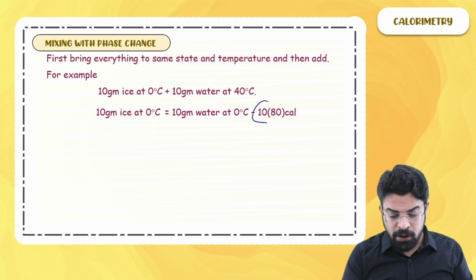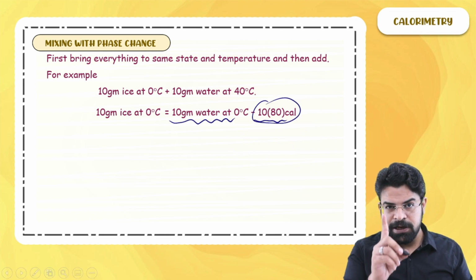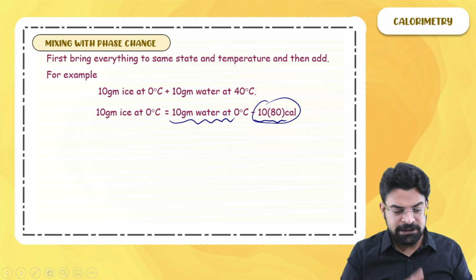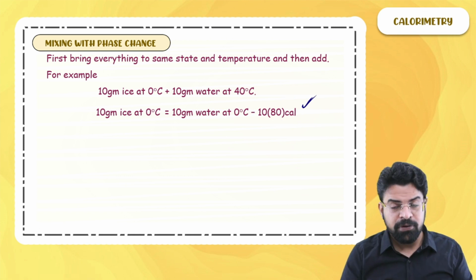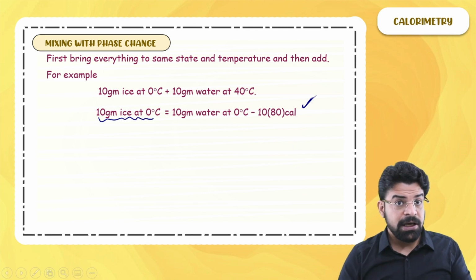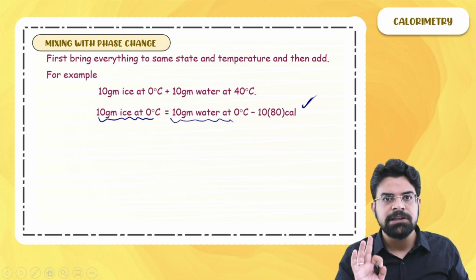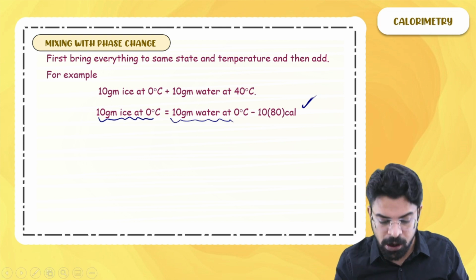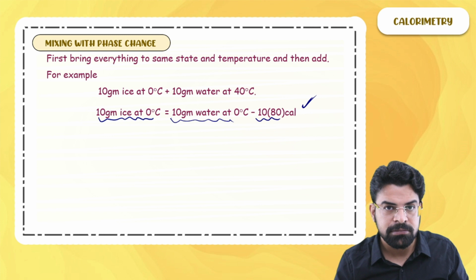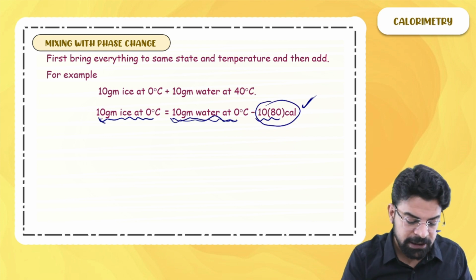If I take out 800 calorie from 10 gram of water at 0, will it convert into 10 gram of ice at 0? This is the important part. If you get this, game over. If you take out 800 calorie from 10 gram of water at 0, you will get 10 gram of ice at 0, right?